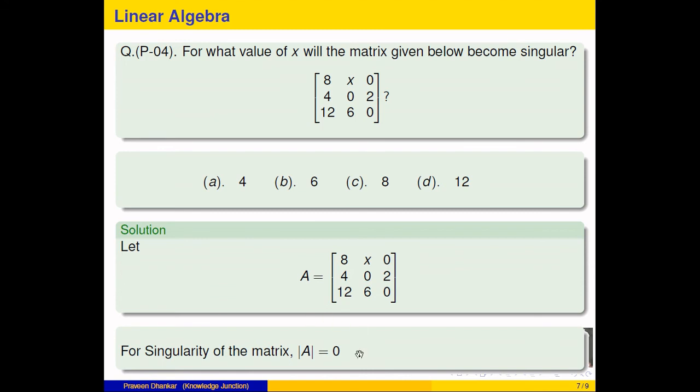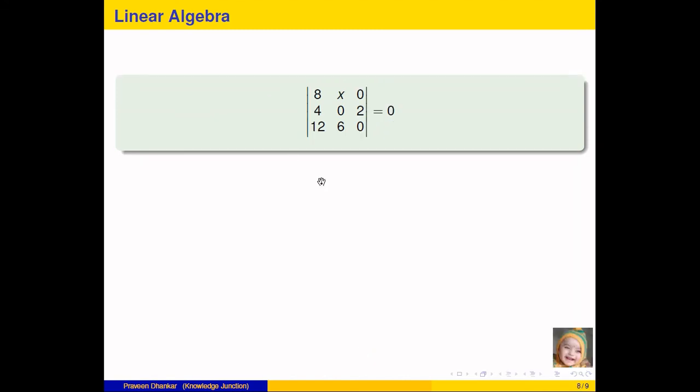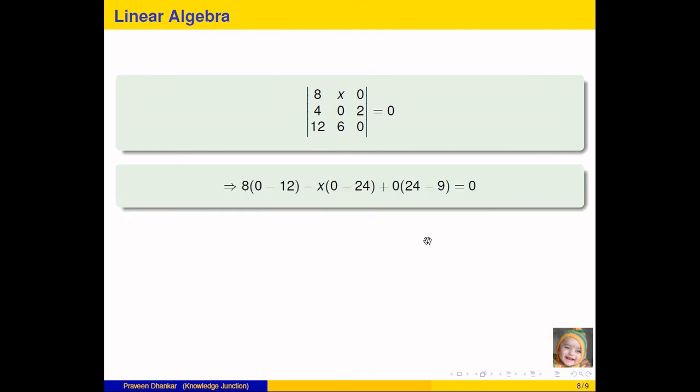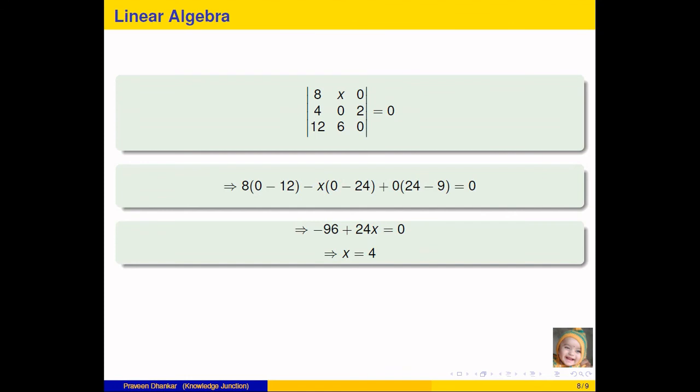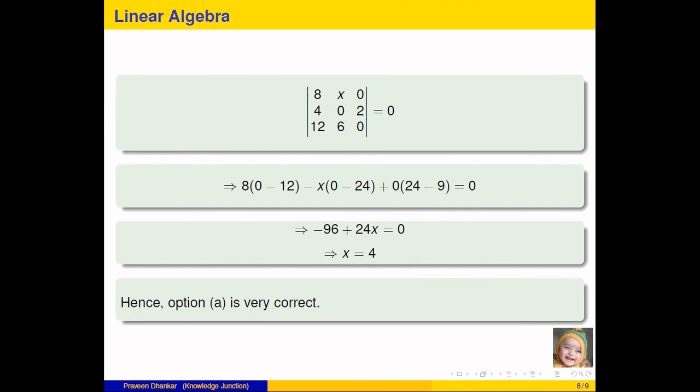So we put this matrix in the determinant, 8x 0 4, 0 2 12, 6 0, equal to 0, and we find that x equals 4. So if we put this value of x, the matrix becomes singular. So our option A is correct.